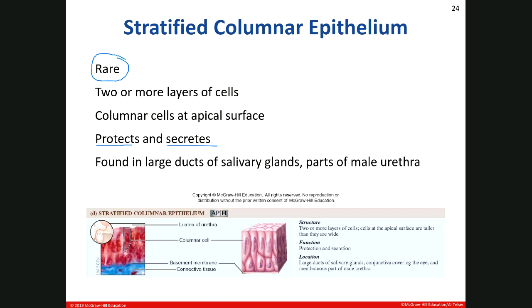That's how I always remember where to find it. If I wasn't sure and had to throw out a random guess, your chances are pretty good if you write in parts of the male urethra. When it comes to columnar epithelium, there is also pseudostratified columnar.